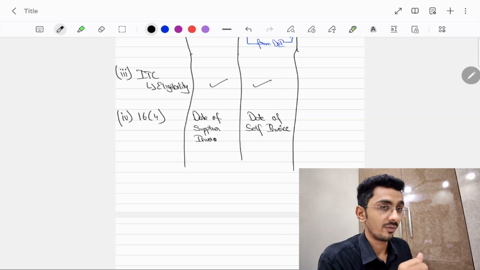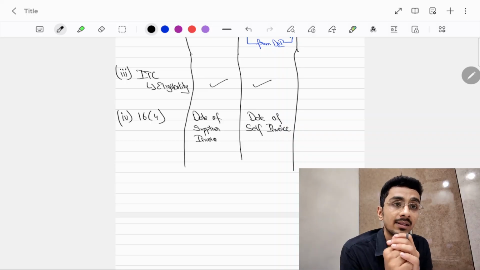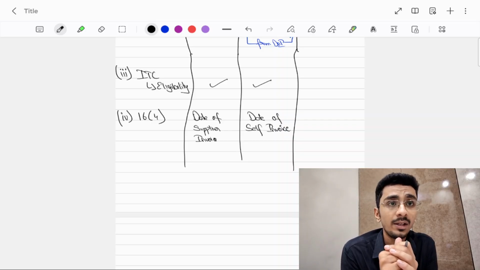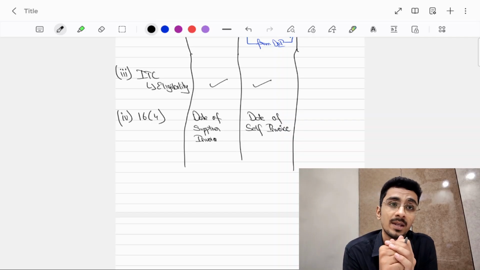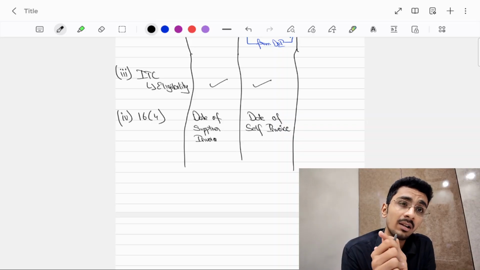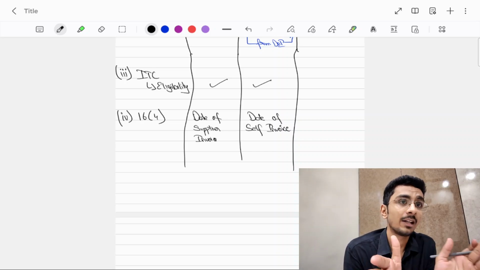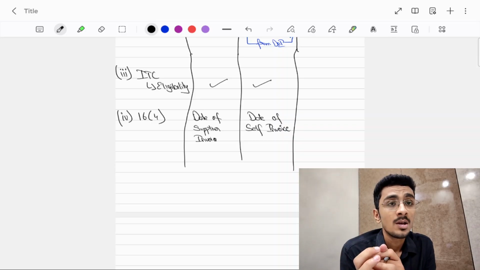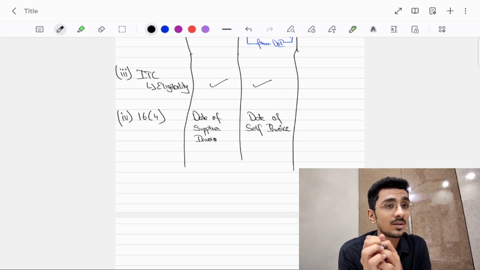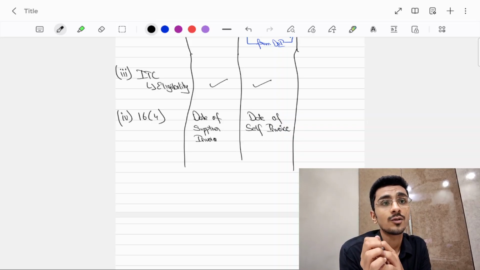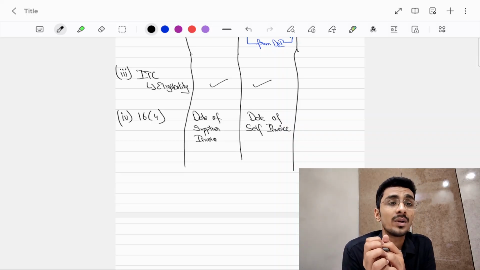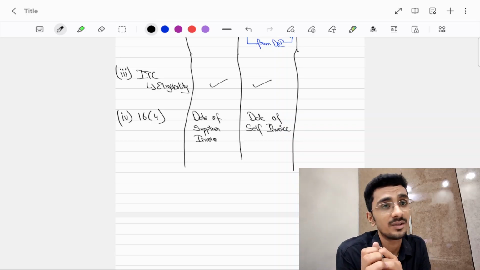One thing you have to be careful about: after 8th October 2024, the timeline to generate a self invoice has been specifically mentioned. Earlier there was no timeline, so for one particular transaction the self invoice could be generated anytime. But with effect from 8th October 2024, Rule 47A was inserted, and it is very clear that the self invoice is to be generated within 30 days. If you don't generate a self invoice, you don't have a valid document to claim ITC in the first place.